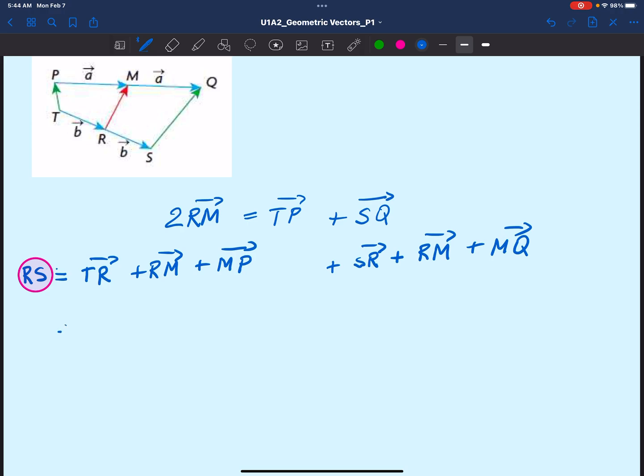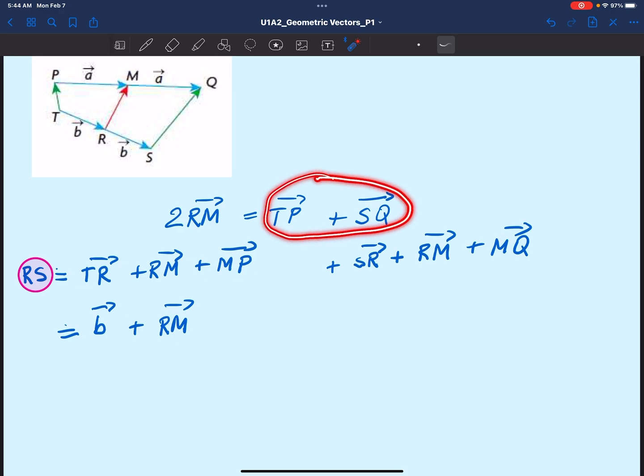So now let's take another look at our expression and see what we can replace with what. Now TR is vector B. RM is simply RM, and we have no problem keeping RM in the expression because remember that at the end, after we simplify this, we need to obtain an expression that contains an RM.